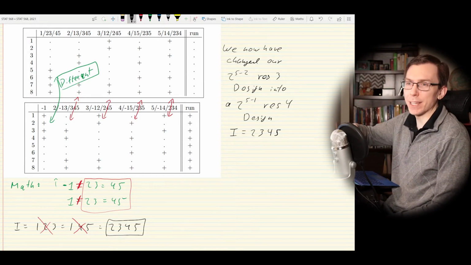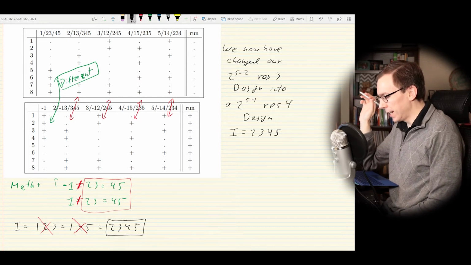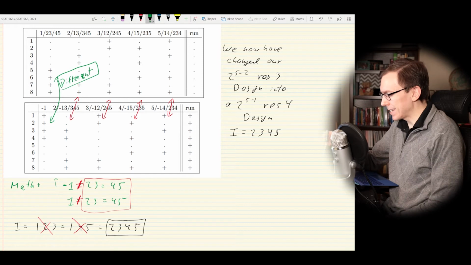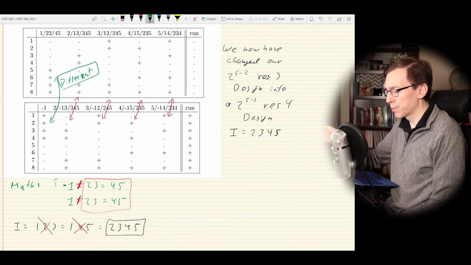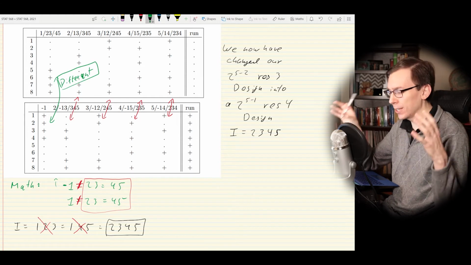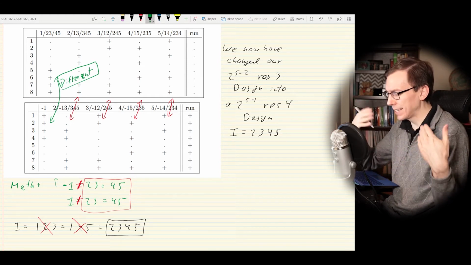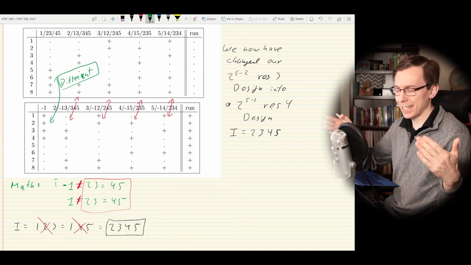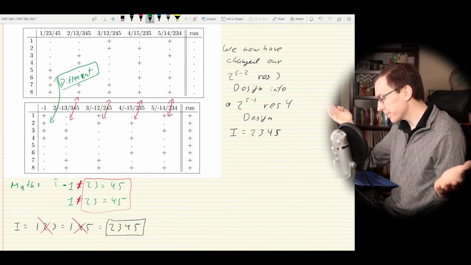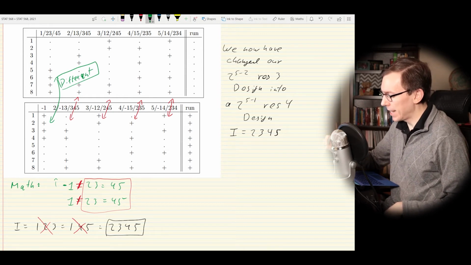Again, this is assuming that we can replicate the entire design. Now, there's one other thing that's worth noting, and that's that we have replicated our design. Presumably, the second table has occurred at a later date after we've already looked at the first table, and we said, okay, we want to run this design again to de-alias factor 1. Well, things can always change, and what that means is that we can include another column here.